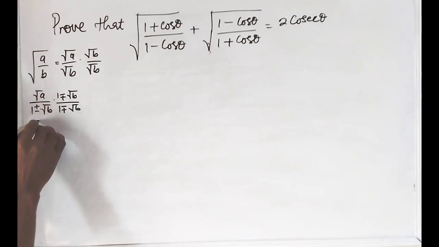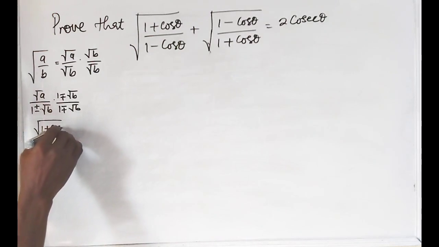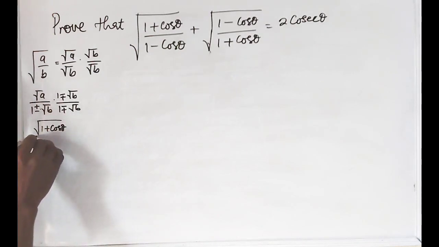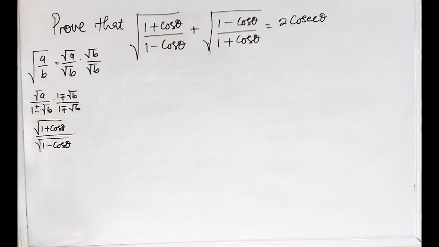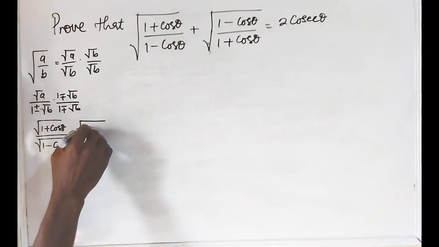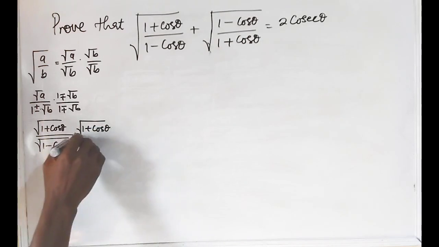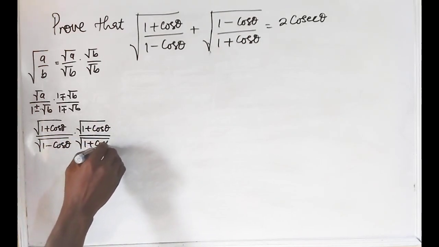So here we have the square root of 1 plus cos theta over the square root of 1 minus cos theta. Now to rationalize, we multiply by the square root of 1 plus cos theta over the square root of 1 plus cos theta.